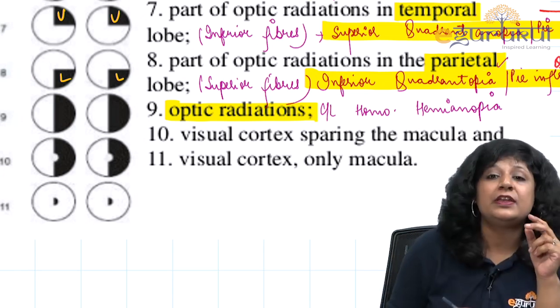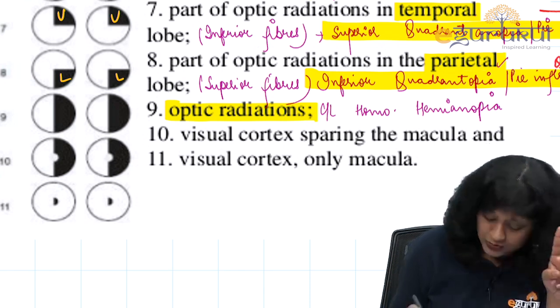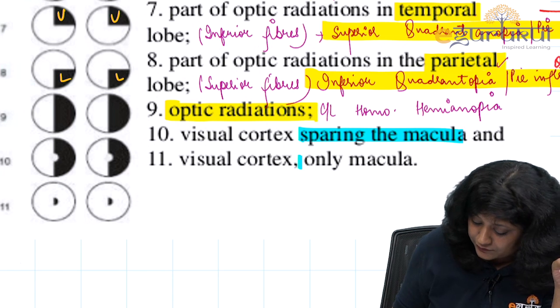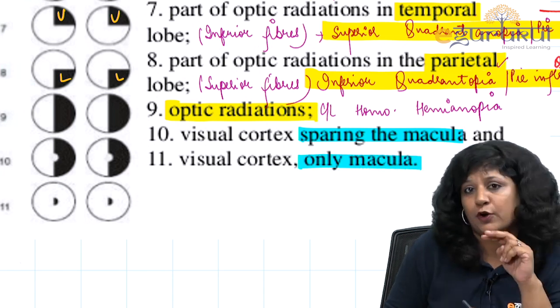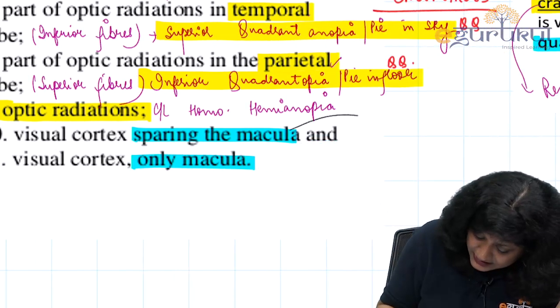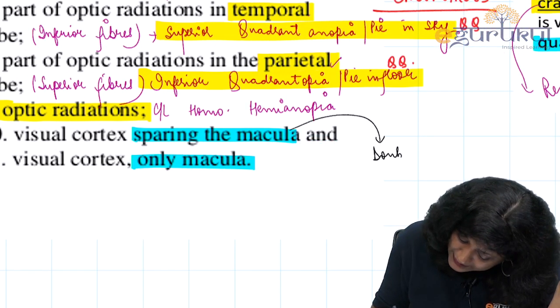Alright, now we next come to the visual cortex. In the visual cortex, we have got two conditions, one sparing the macula and one where only the macula is involved. Sparing the macula, why? The reason is the double blood supply, because the macula has a double blood supply.